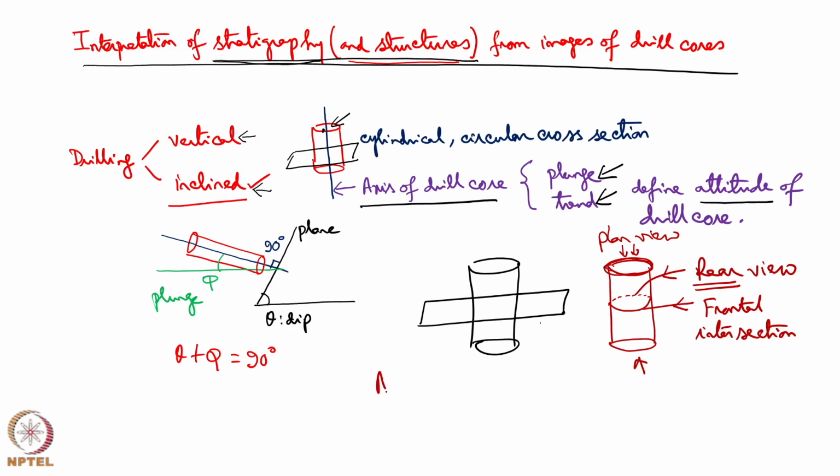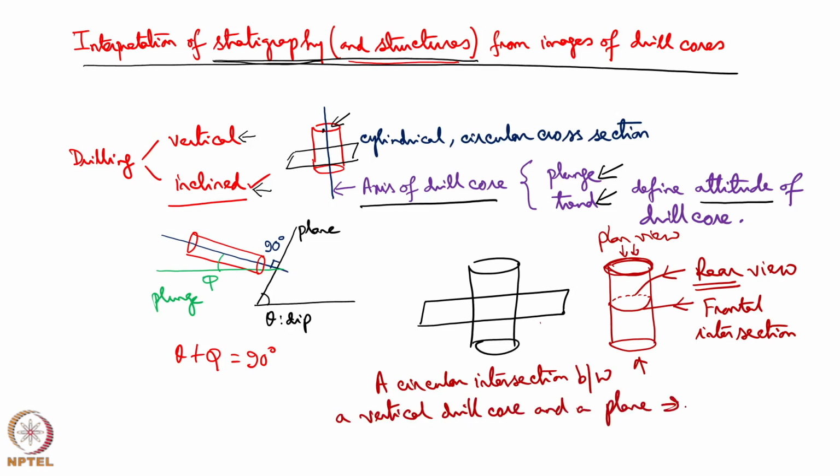Let me write down: a circular intersection between a vertical drill core and a plane indicates that the plane is horizontal.